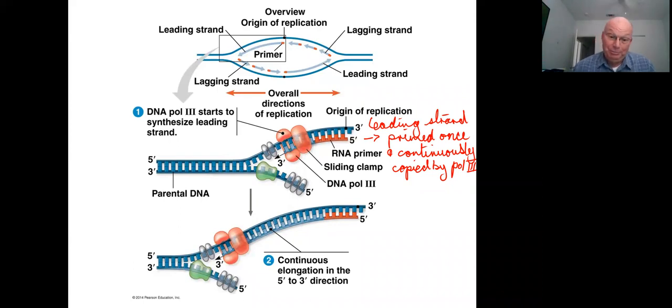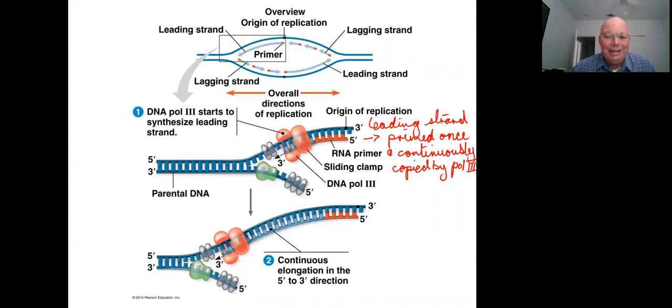Because what we know from simple observation is that both strands at the replication fork are copied at exactly the same time, at essentially the same rate. So while the other strand is known as the lagging strand, it shouldn't be considered that that implies that it's copied at a slower rate, because it's not. It's copied at essentially the same rate as the leading strand.